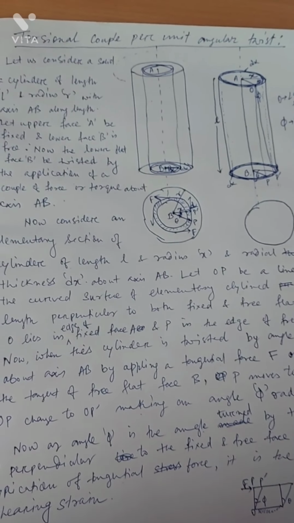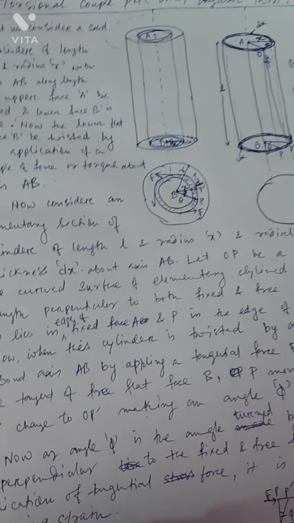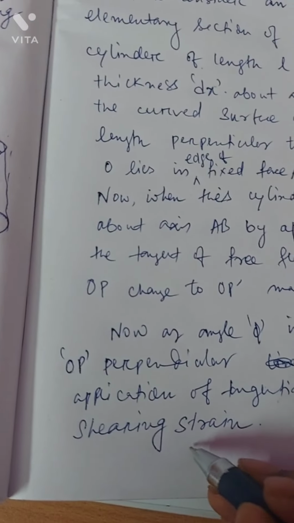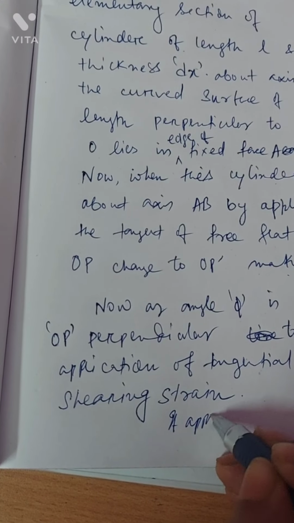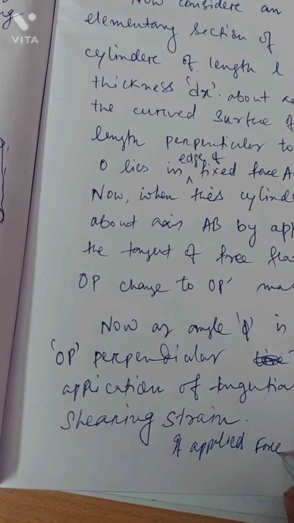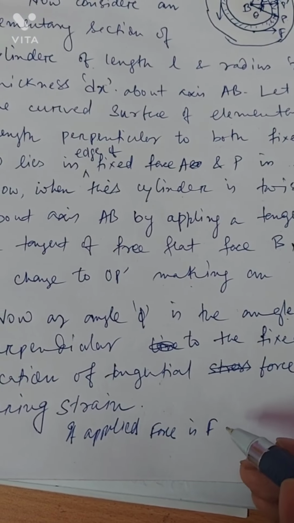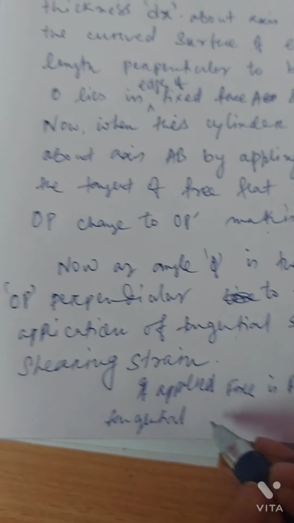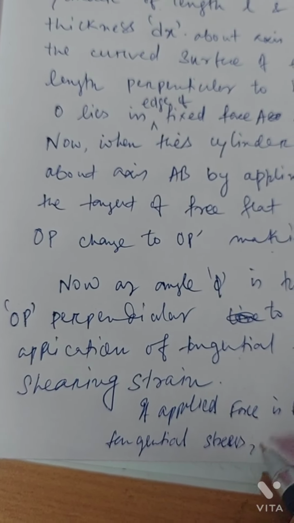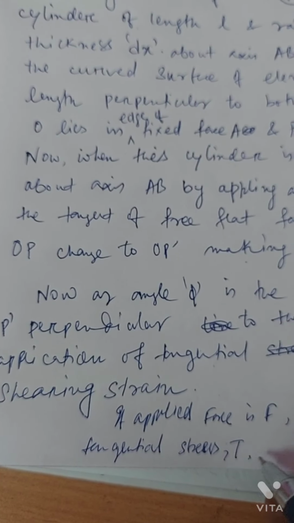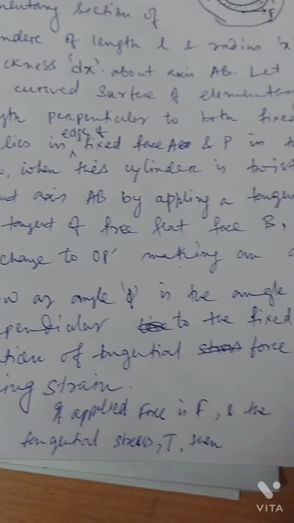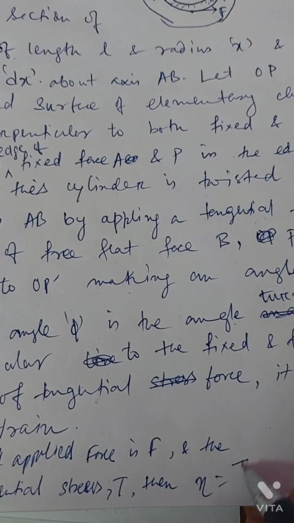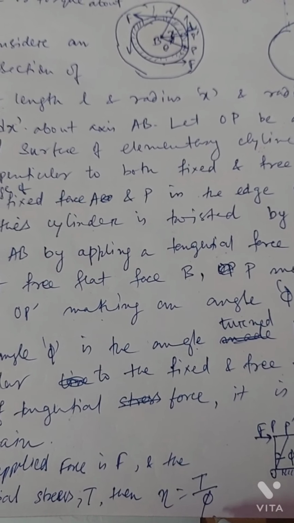Now as you can see, if we consider the applied force is F and the tangential stress T, then the modulus of rigidity is given by T by phi.